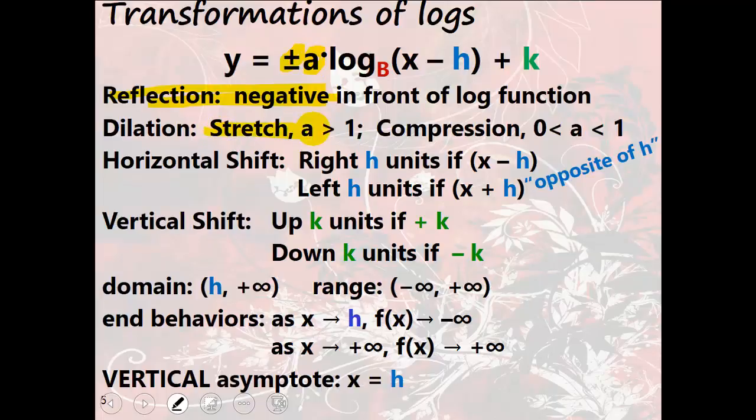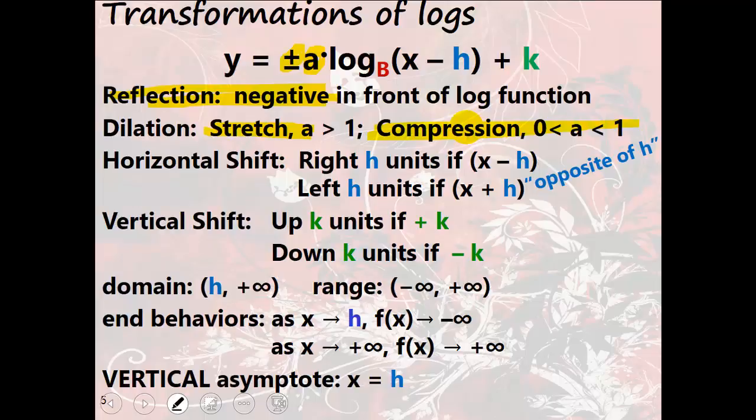If it's less than 1, then it's a compression. X minus h gives us our horizontal shift, and it's going to move h units. If it's minus, it's going to move right. If it's plus, it's going to move left. And k is going to move up and down.